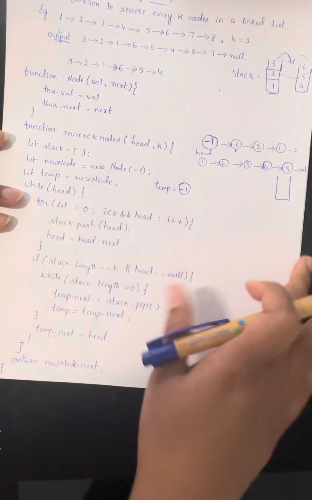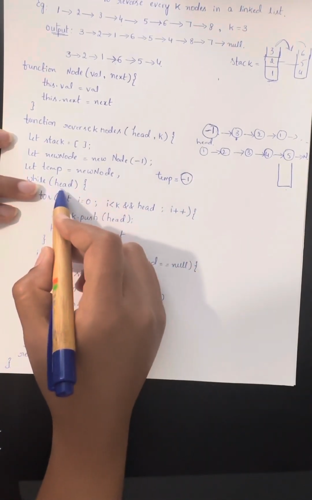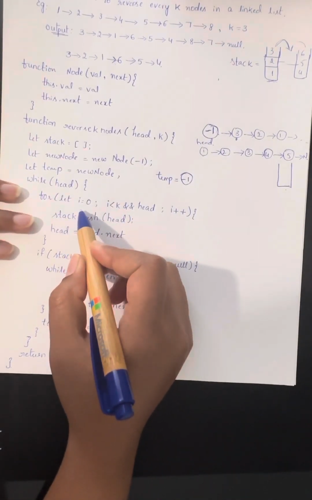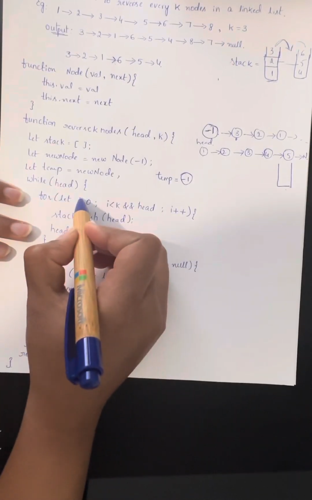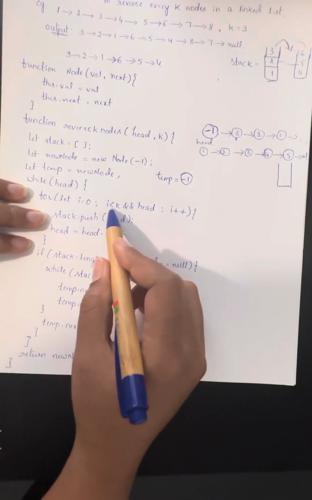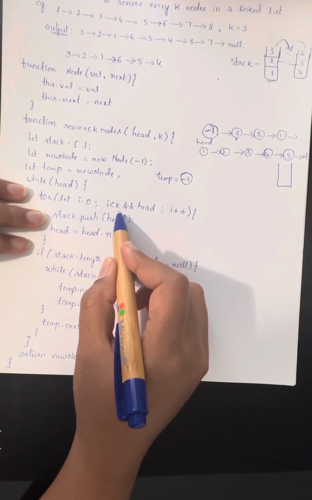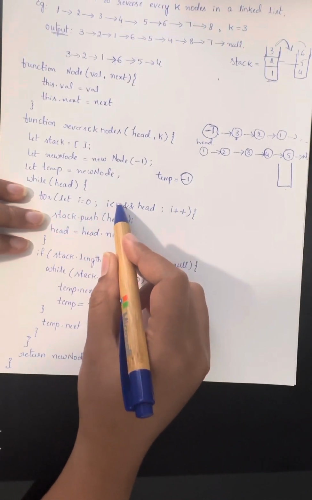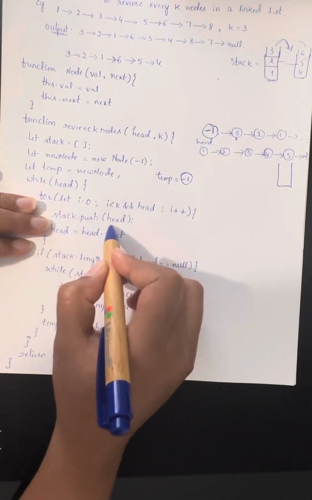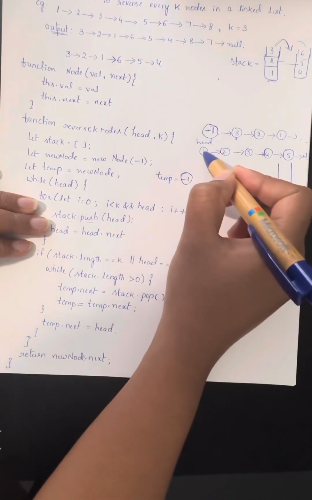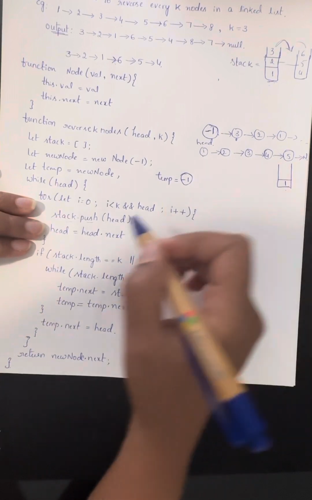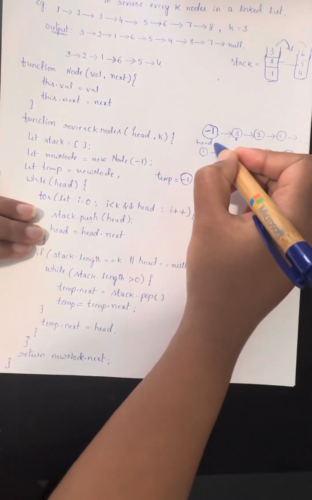Then we start iterating. We'll start at the head, and then we start this for loop from I equals 0, and the termination condition is until I reaches k, I is less than k. So we are doing stack dot push head. Head is at 1 now, so we are pushing 1 to the stack, and then we make head equal to head dot next.